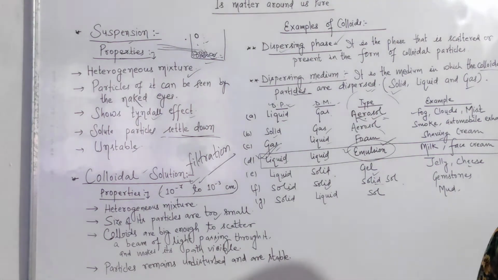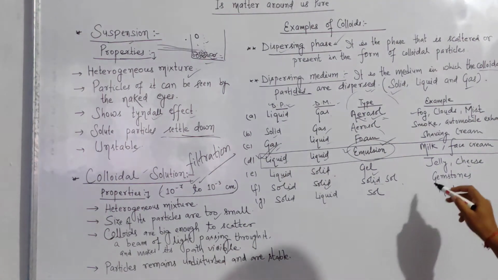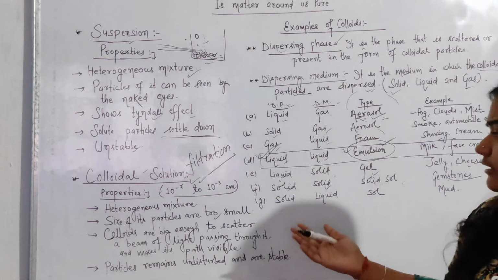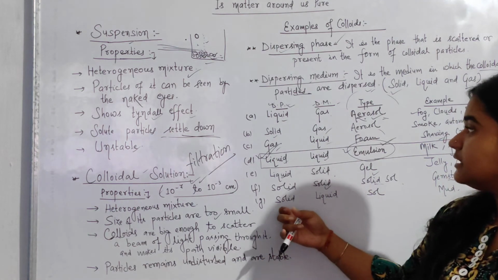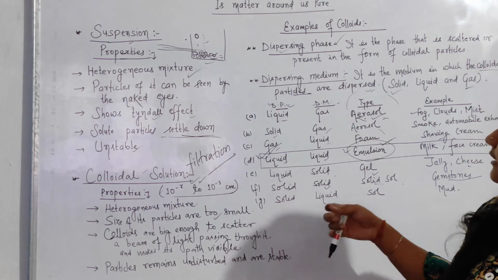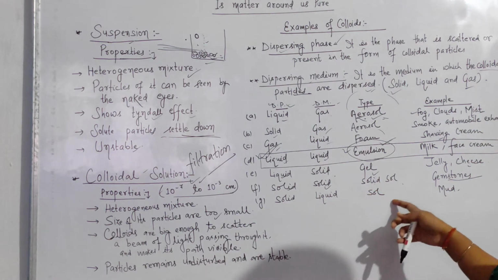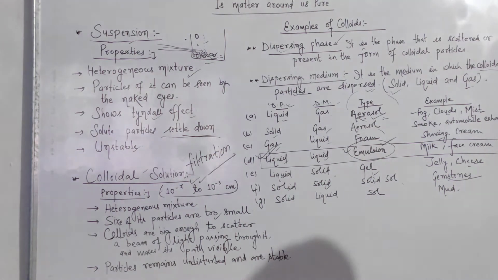Examples can be gemstones. And let us take one more: the dispersed phase is solid, the medium is liquid, and the colloid is a sol. An example can be mud.